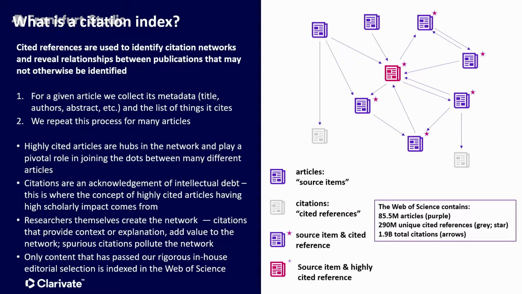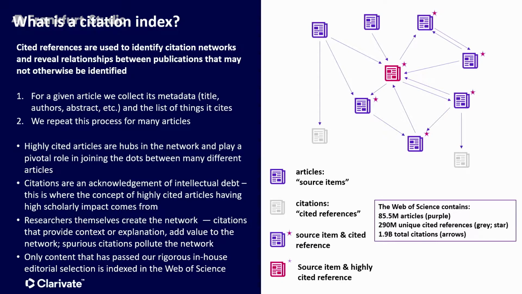Before we go any further, I just wanted to briefly explain what we mean by a citation index. Citation indices are built on a premise that was introduced by Dr. Eugene Garfield, one of the Eugenes that Julie alluded to earlier, in a seminal paper that was published in Science in 1955.